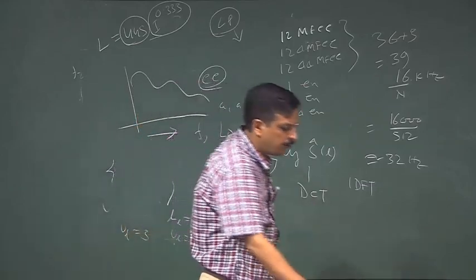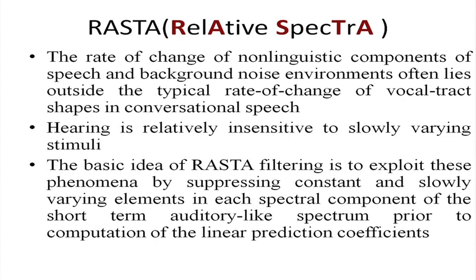Then there is another speech parameter which is called RASTA, relative spectra. The rate of change of the non-linguistic component of speech and the background noise environment often lie outside the typical rate of change of vocal tract shape.